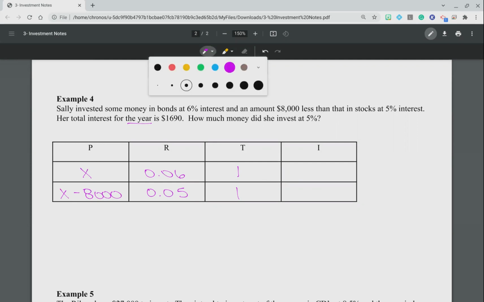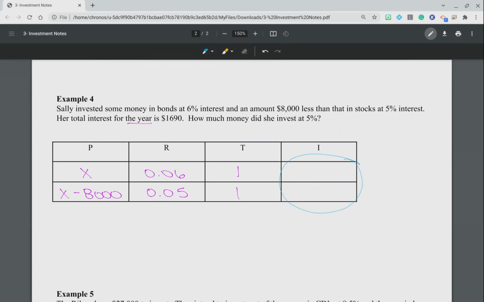Okay, now remember to get my interest down here, I am just doing P times R times T. So my top one, I get 0.06x. And then same thing on the bottom, P times R times T. So 0.05 times x minus 8,000.